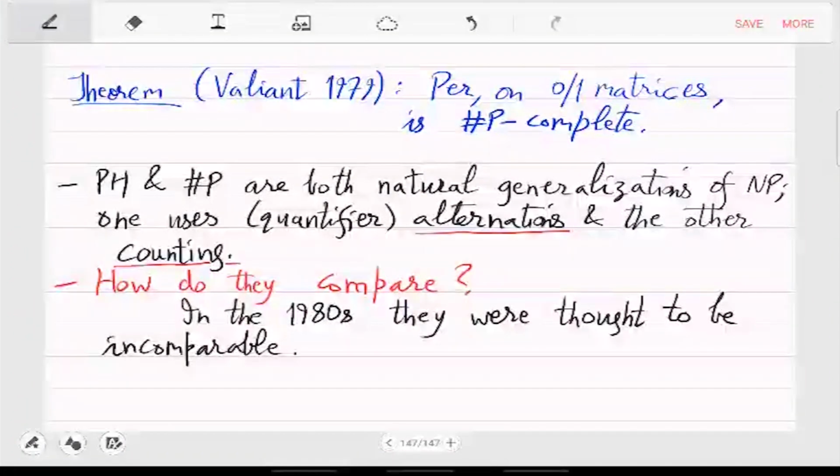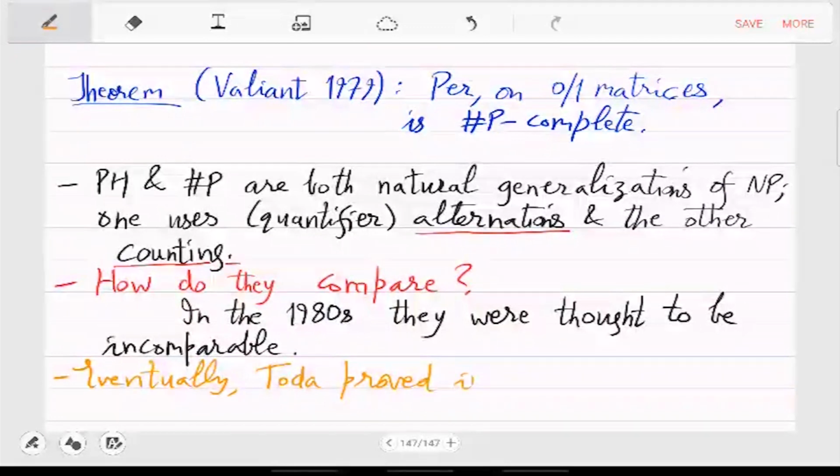So, eventually Toda proved in 1989 that PH is actually contained in P to the Sharp-P, and hence also PP oracle.